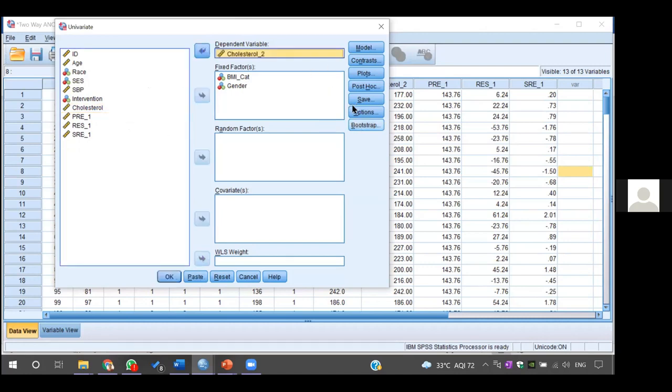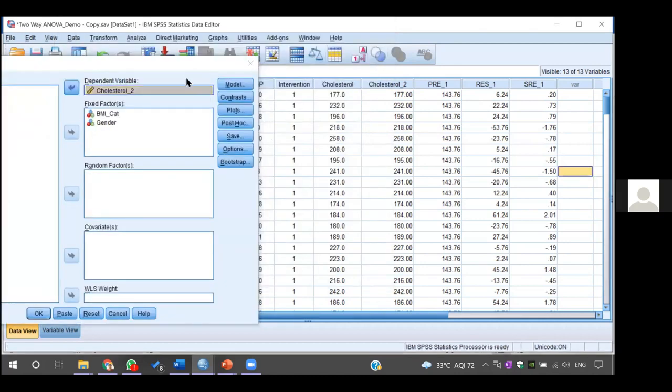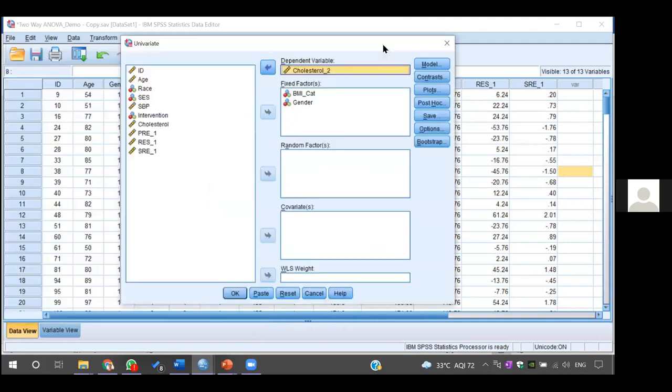So let me delete maybe the first one because it might create confusion for you. Or let it be, maybe for some other purpose we can use this. So this cholesterol 2 is the variable which I have to take. And then I'll move this BMI category here. Again, this because I have to do it across intervention in presence of another variable, that is the gender.